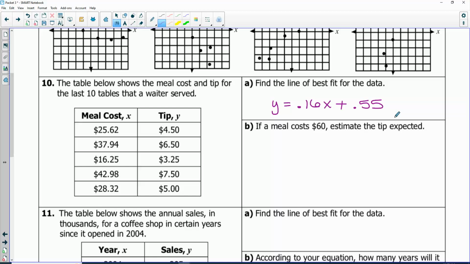Can't even get the right answer. Alright. I just missed it. I don't know. Was he close?